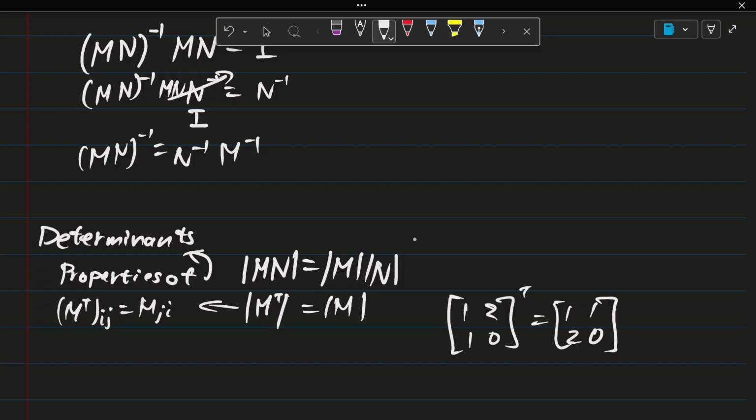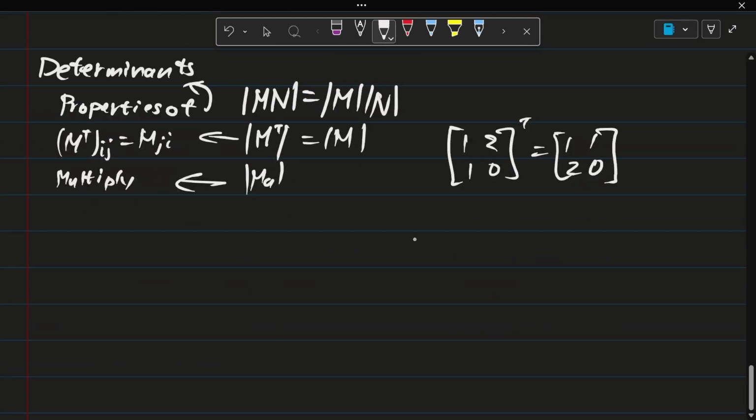The third thing is that if you take Ma, so what is Ma? Ma is multiplying one row or column by a.